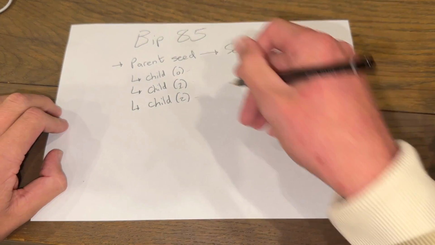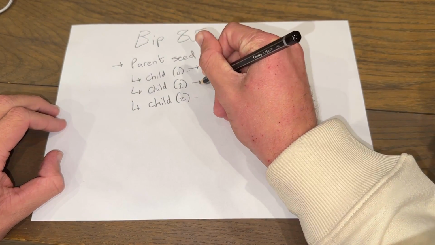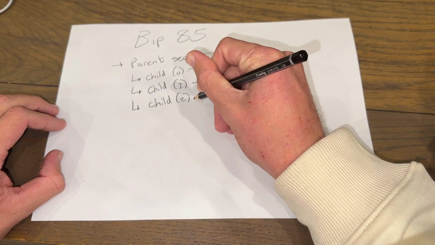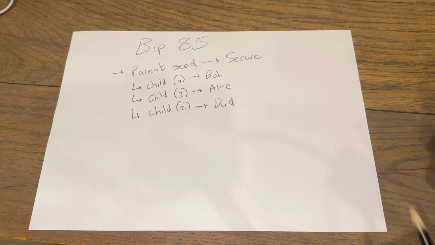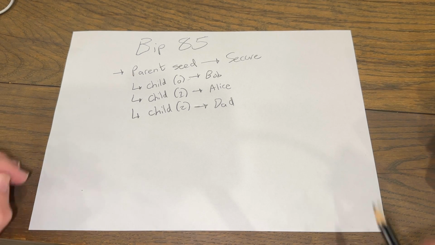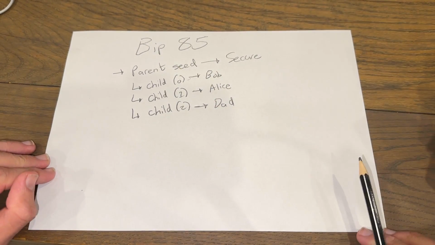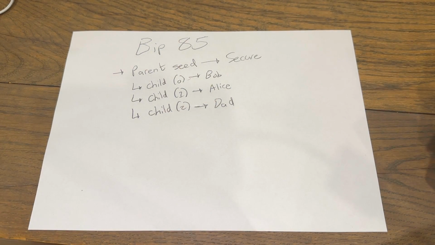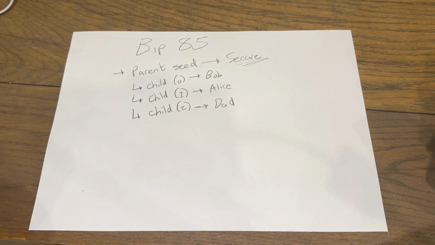So for example, child 0 might go to Bob, child 1 might go to Alice, and child 2 might go to your dad. So now Bob, Alice, and your dad all have completely unique Bitcoin wallets. But if they lose their seed phrase, you can go ahead and generate these seeds again using the parent seed. So they basically cannot lose their funds, assuming that you secure the parent seed correctly.